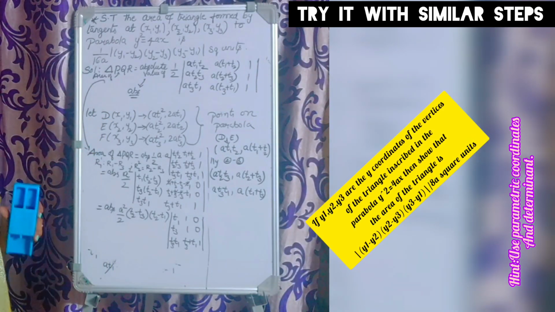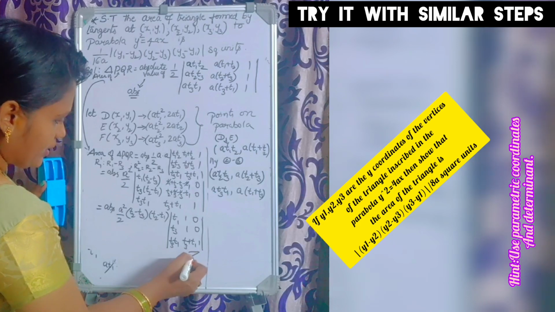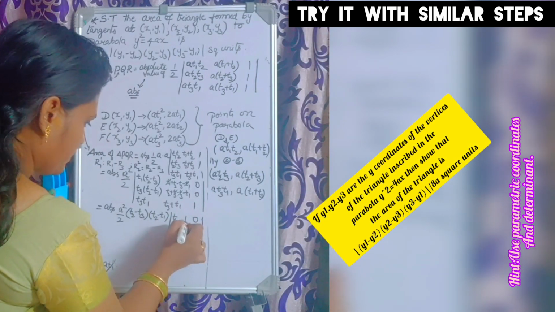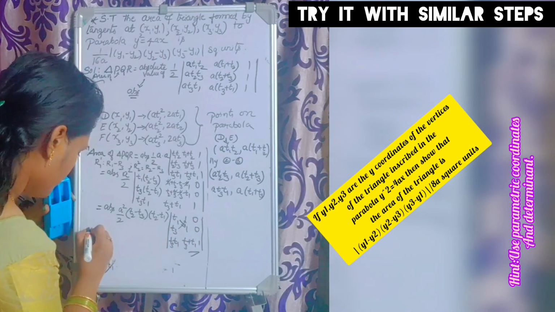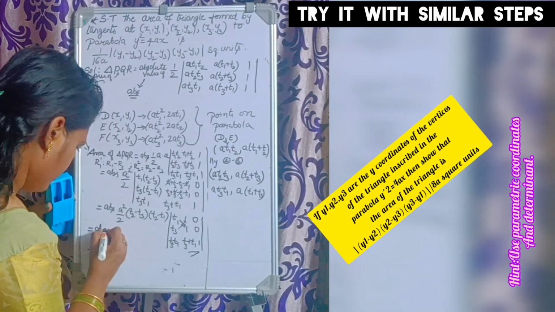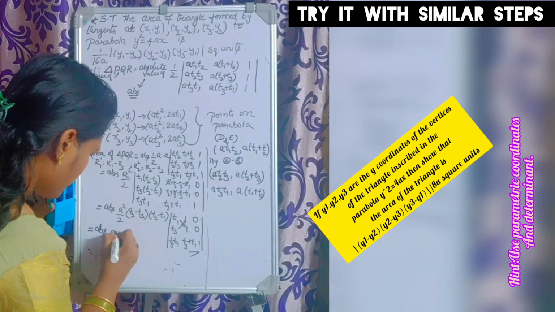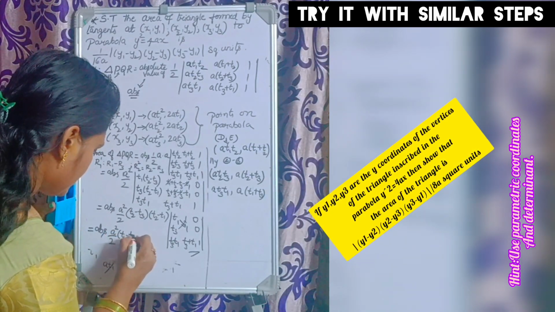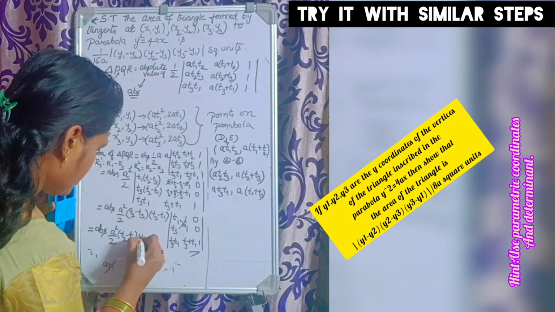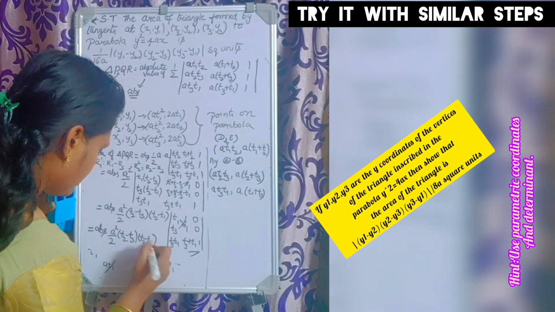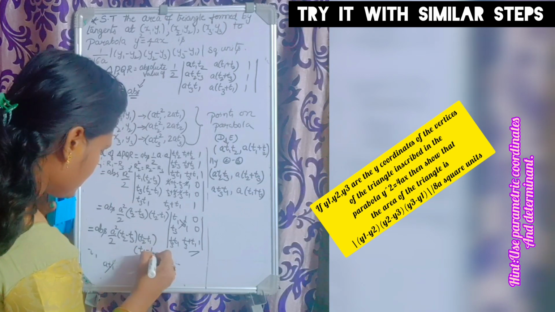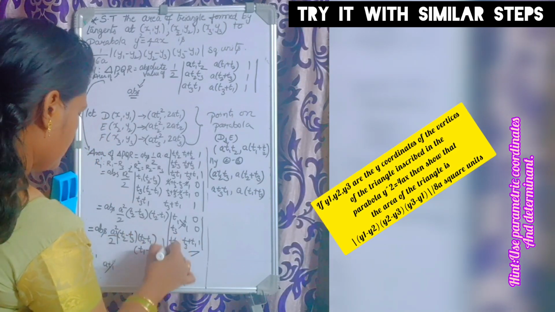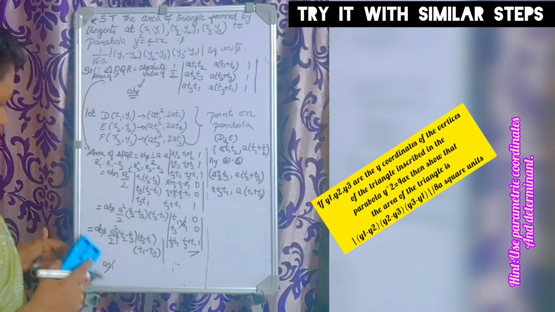Now by property of determinant, the value of this will be, okay, equal to a square by 2 (t2 minus t3)(t2 minus t1)(t1 minus t3), and this is the absolute value. Okay.